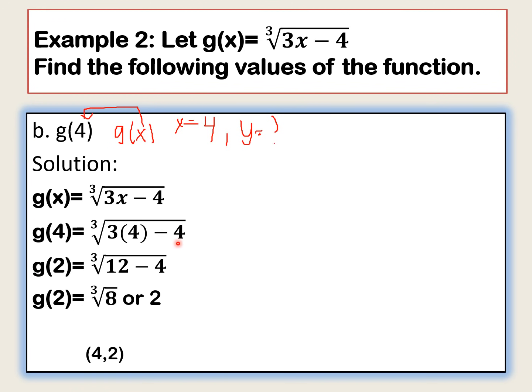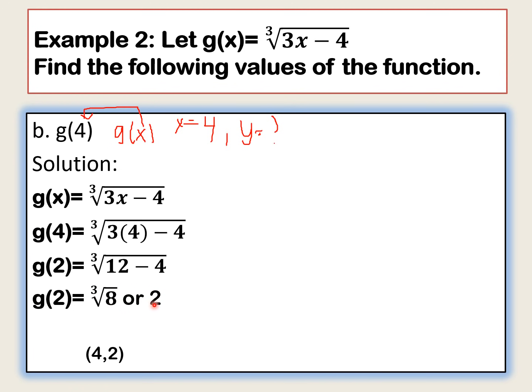Same process tayo since nanggaling lang naman tayo sa iisang function. So, 3 multiplied by 4, it would be 12 minus 4. Therefore, g of 4 would be equal to cube root of 12 minus 4. And 12 minus 4, isi-simplifyin pa natin ito. It becomes 8. Tama?